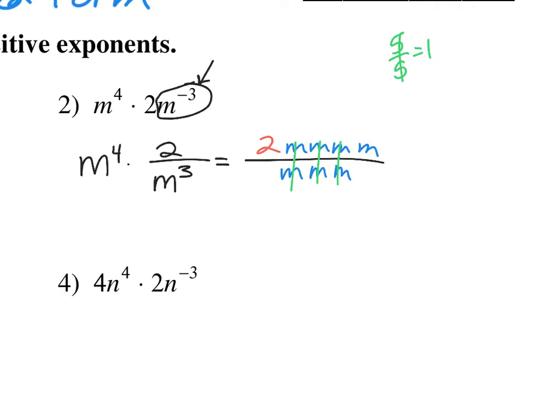M over m. So all I'm left with at the very end here is 2m. Which makes sense because my rule says if we're multiplying the bases, we add the exponents. 4 plus negative 3 is 1.